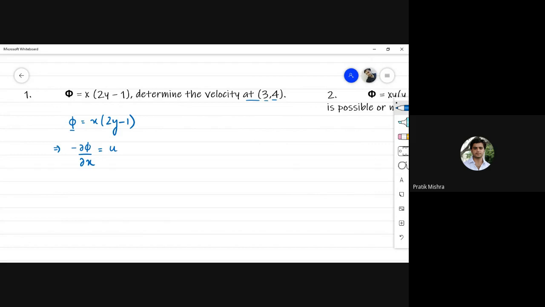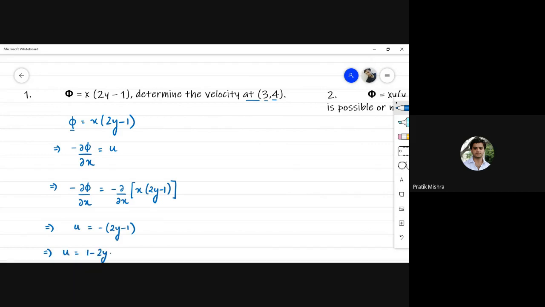Differentiate the phi function which is given. u is equal to negative derivative of del phi by del x, which is equal to minus del by del x of the function given as x into (2y minus 1). So this minus del phi by del x can be written as u, and u is equal to minus times (2y minus 1), which can be written as u is equal to 1 minus 2y.